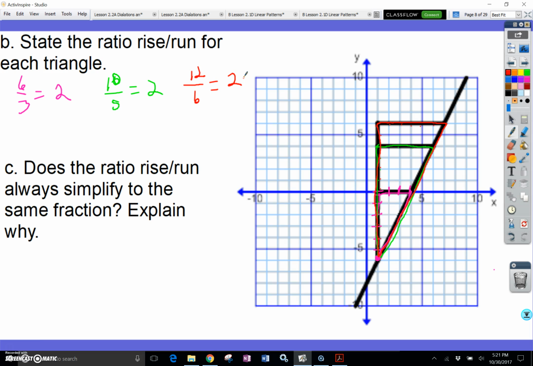Does the ratio of rise over run always simplify to the same fraction? And it's yes, and the reason is, since the triangles are dilations of each other, dilations are similar, and therefore corresponding sides will have a proportional relationship. So yes, it's because they're dilations.